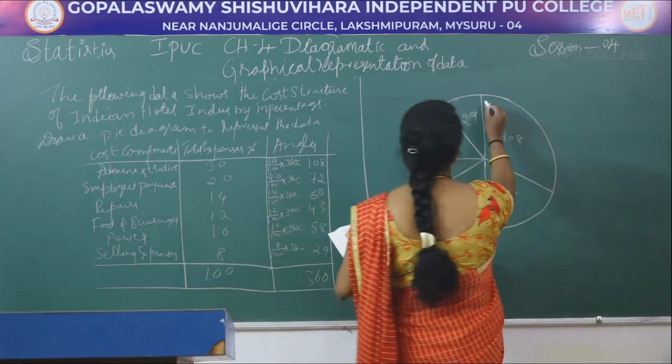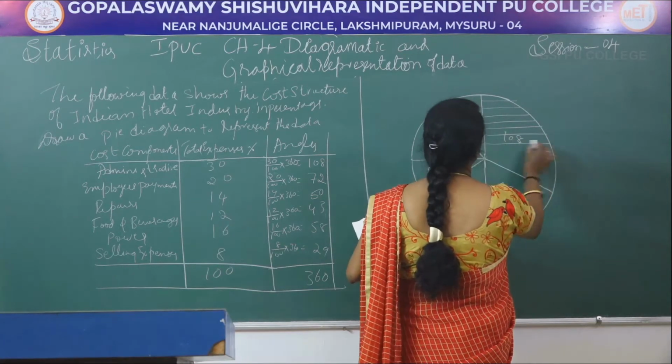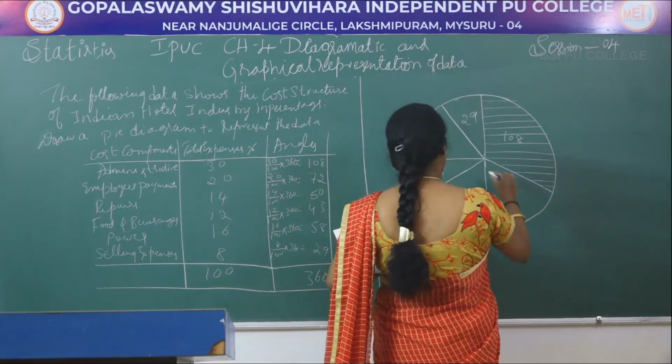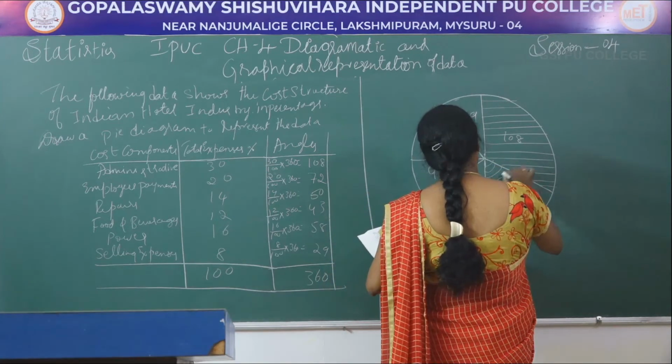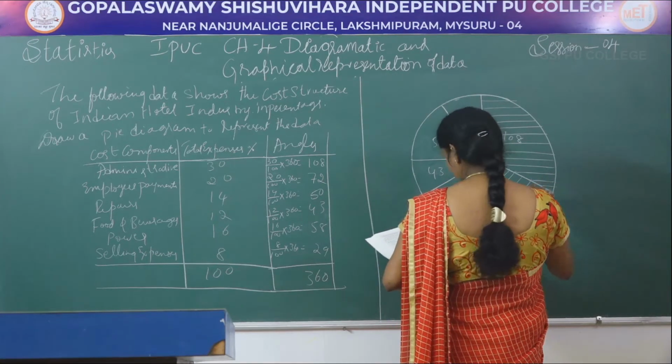And for this also we should give different shades and write the index. Whatever shades or design you want to give, you can give, but for this I am simply showing a simple one.